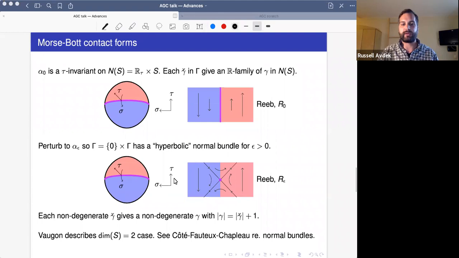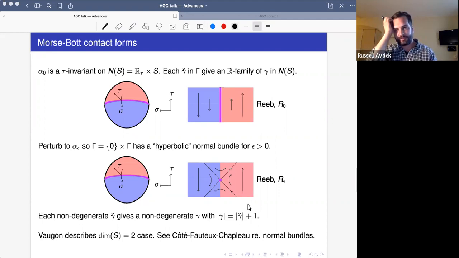So the Conley-Zender index of our orbit is the same as the Conley-Zender index of the orbit in the dividing set, but the contact homology grading bumps up by 1 because n goes up by 1. So our grading of a Reeb orbit gamma inside of the neighborhood of our convex hypersurface is the grading inside the dividing set of gamma plus 1.